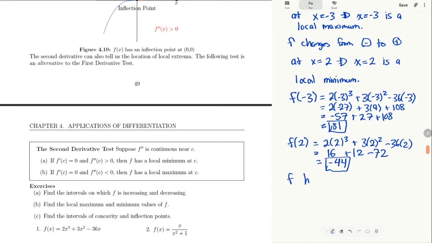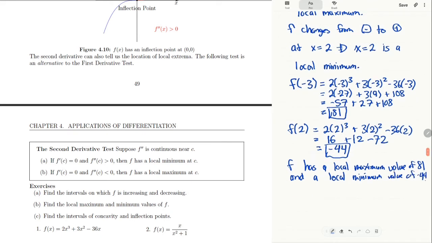And so f has a local maximum value of 81 and a local minimum value of negative 44.